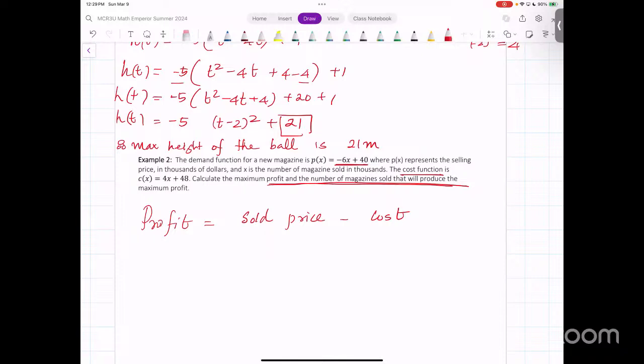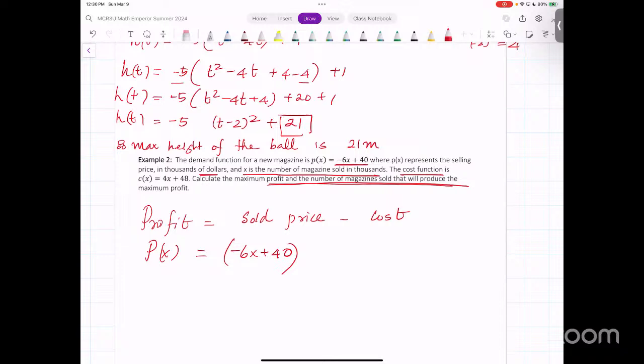Now, let's call the profit P of x. The sold price, this is where things get interesting. p of x represents the selling price in thousands of dollars, and x is the number of magazines sold. So p of x is the selling price of one item.